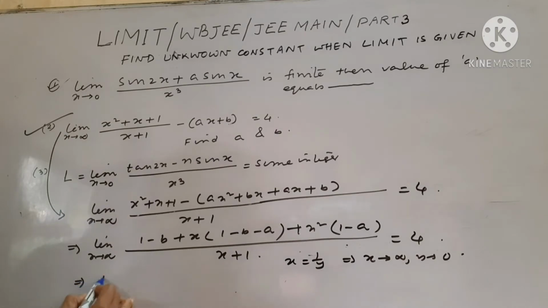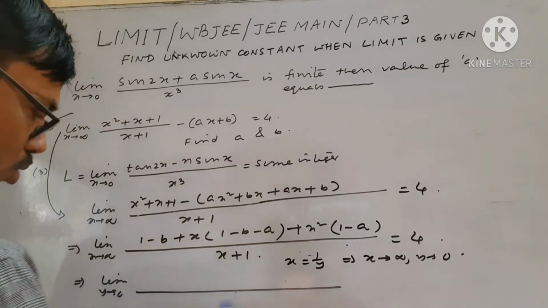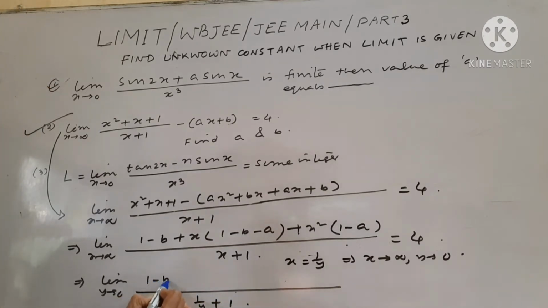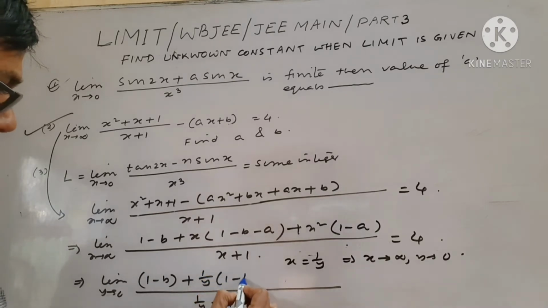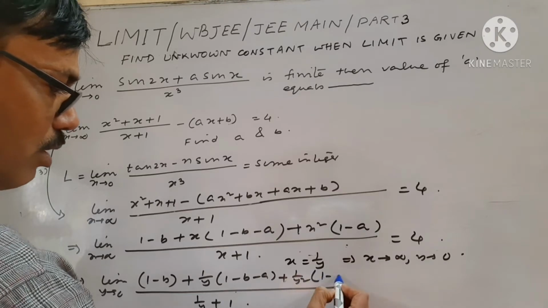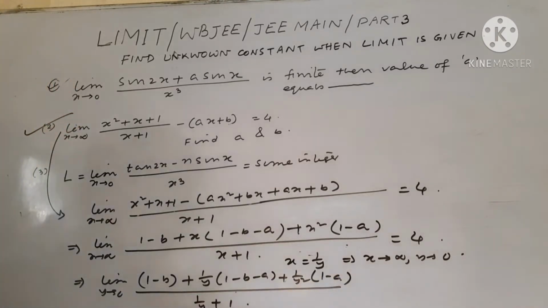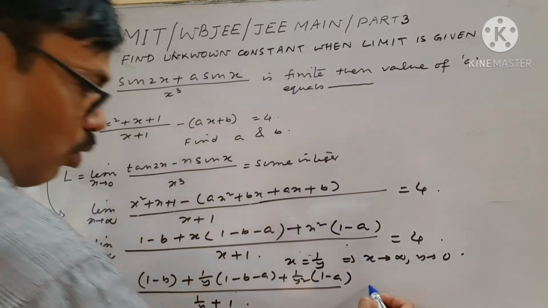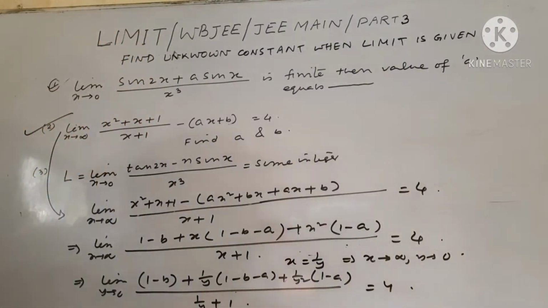So limit y tends to 0 of 1 by y plus 1, 1 minus b, 1 by y, 1 minus b minus a, 1 by y square, 1 minus a equals to 4.